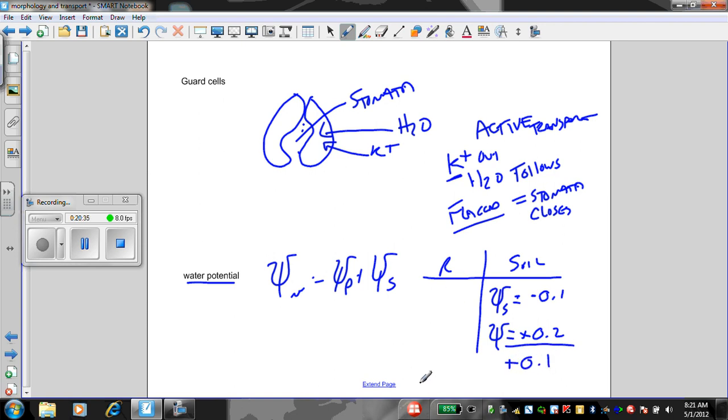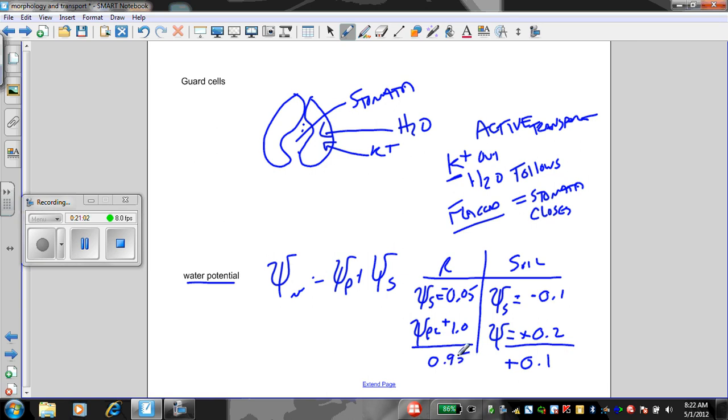So overall for this system we have a negative 0.1. Inside the root we might see a solute concentration, because remember roots do have stuff in them. We might have a solute concentration of negative 0.05. But because it's going through transpiration, there's a pull, so it's a negative pressure.